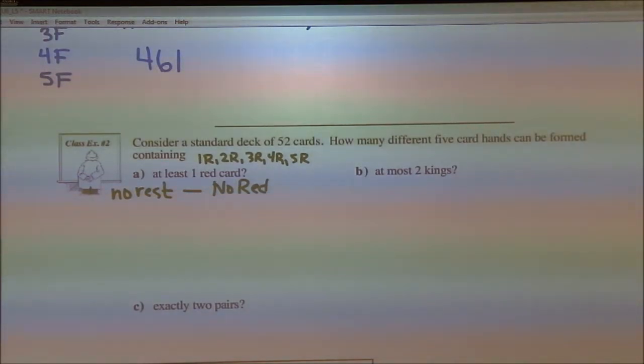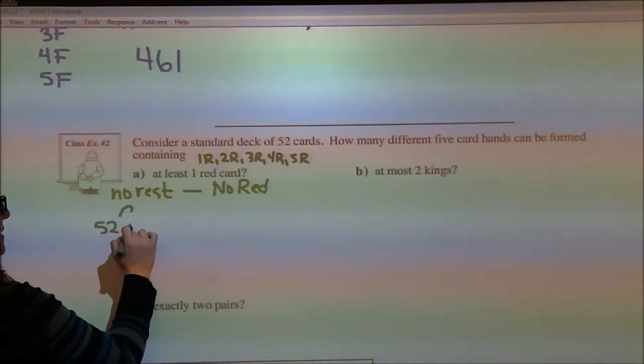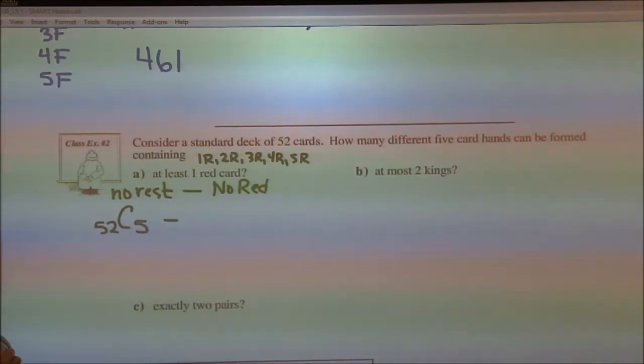So what do my no restrictions look like? 52C5. Yes. And then my no red, what would that look like?